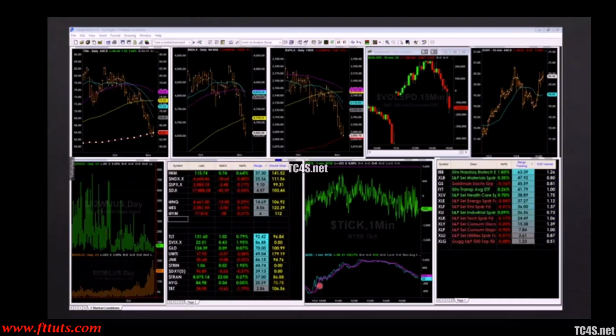But the idea of what this is doing is, if we're on the lows and I start to see the moving average curl up and start to climb, I know that buyers are coming into the market. It shows me more stocks are getting an uptick than stocks that are getting a downtick.